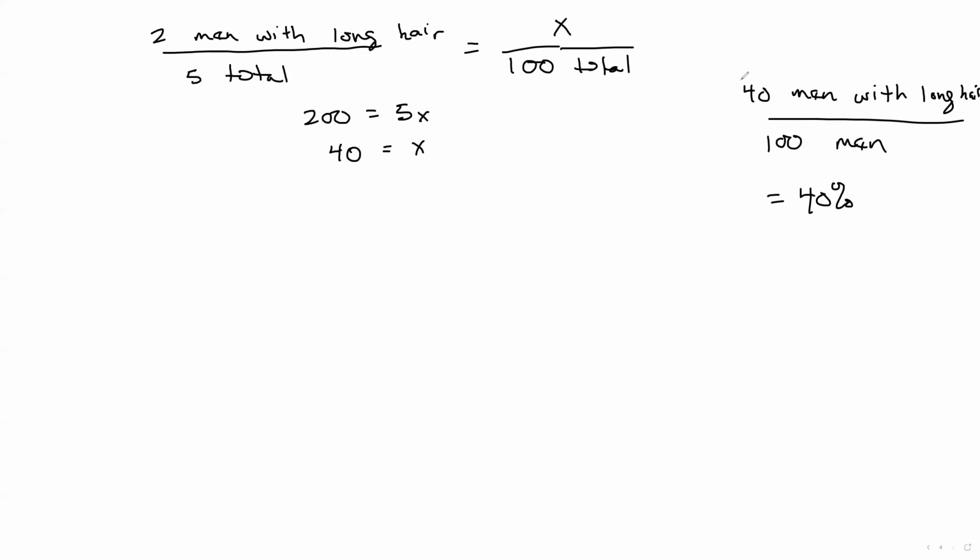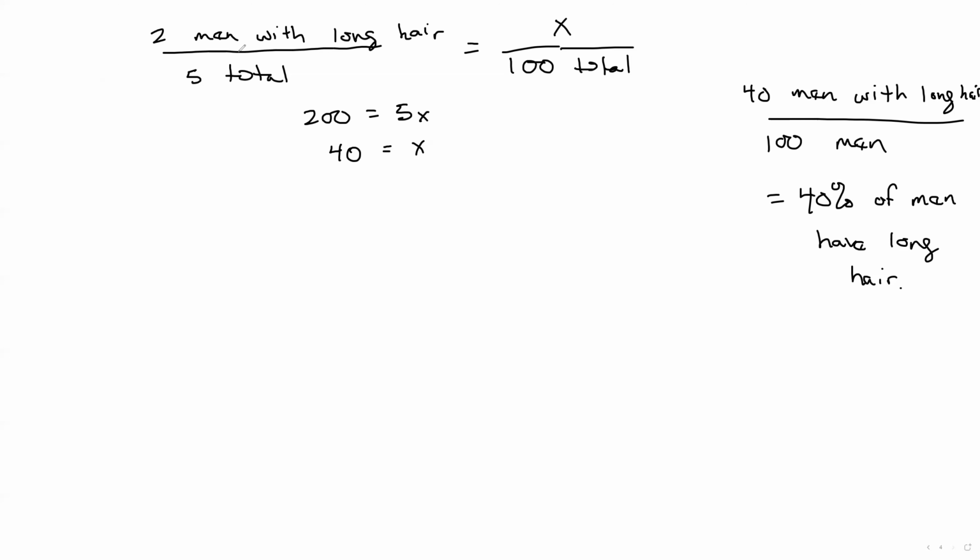As soon as you've got the part over 100, you can rewrite it as a percentage. So say 40% of men have long hair, or in this case, not in real life, but so that's one way to do it.